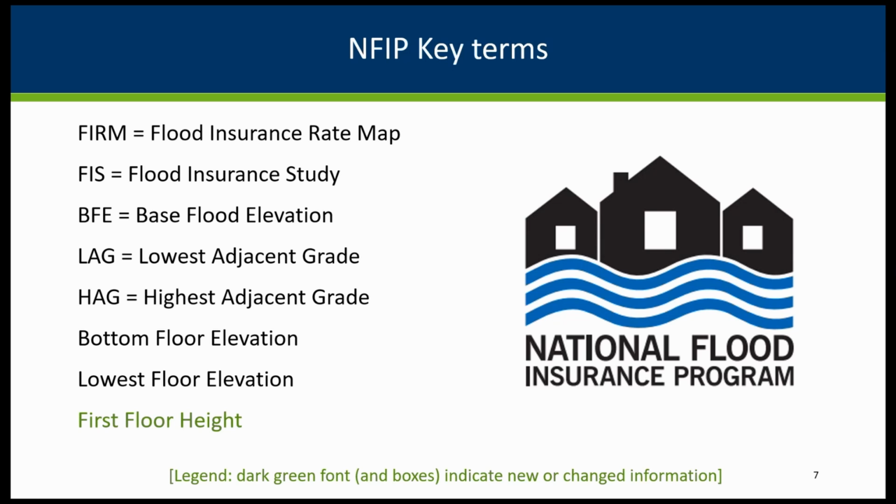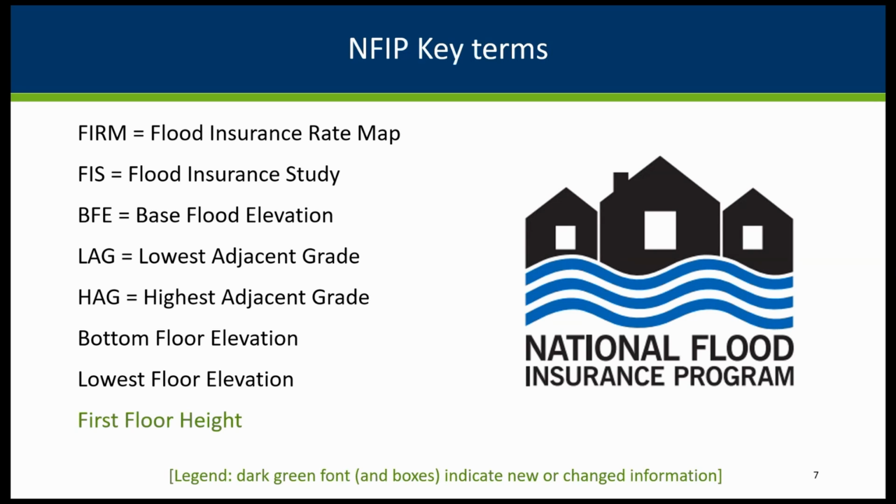Lowest adjacent grade is really important for determining what the premiums will be for flood insurance. And it is one of those requirements for meeting the minimum regulations, that the lowest floor elevation and the lowest adjacent grade are at those minimum required elevations.